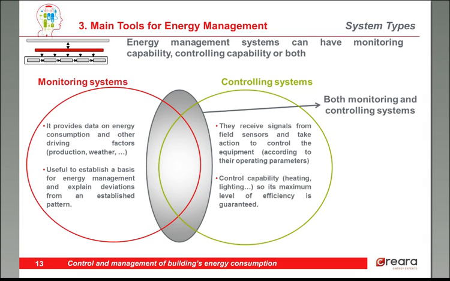Controlling systems are more complex, and they allow the energy manager to act on equipment, essentially turn the different equipment on and off or even regulate them. Of course, this gives more speed of management and could generate, let's say, higher efficiencies.